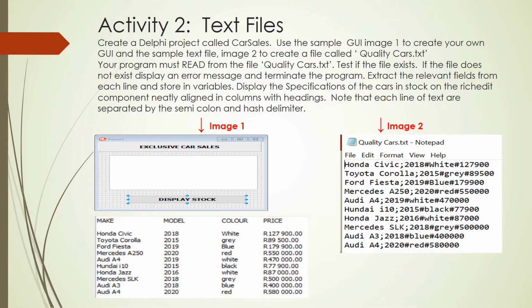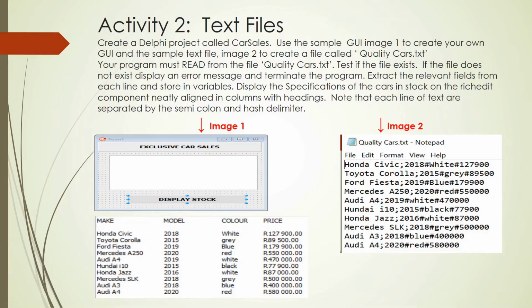You're required to extract the relevant fields from each line and store in suitable variables. Display the specifications of the cars in stock on the Rich Edit component, neatly aligned in columns with headings.